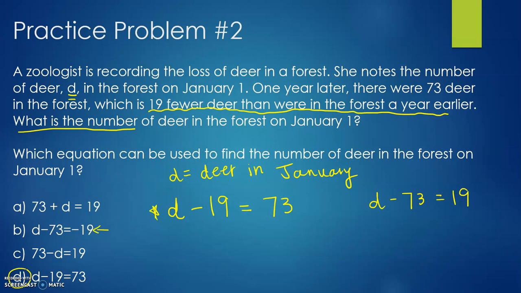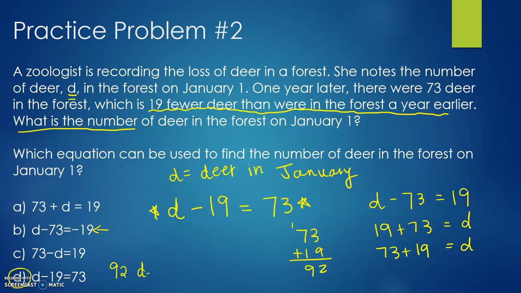However, this is the best one because it goes along with the words up here. But then we could also do 19 plus 73, and 73 plus 19 is going to give us that number of deer either way. So if I add that together, there were 92 deer in January.